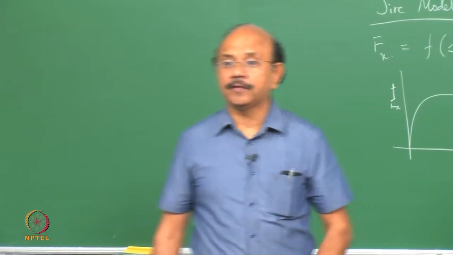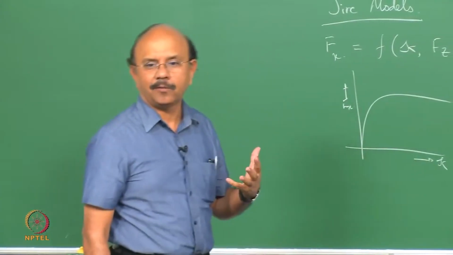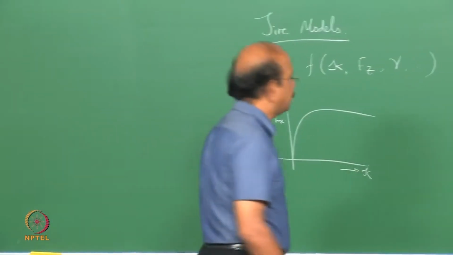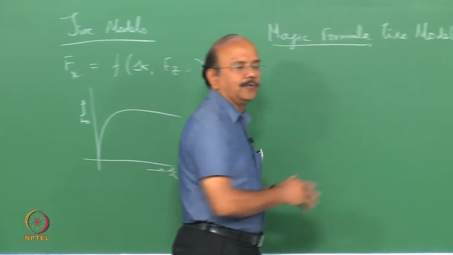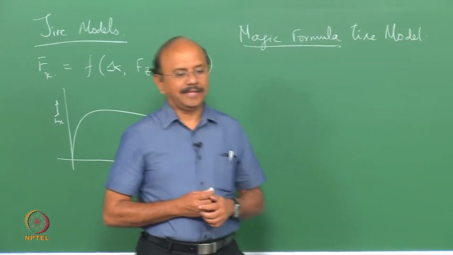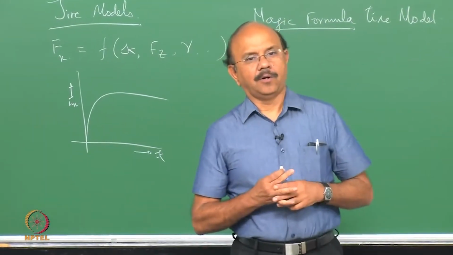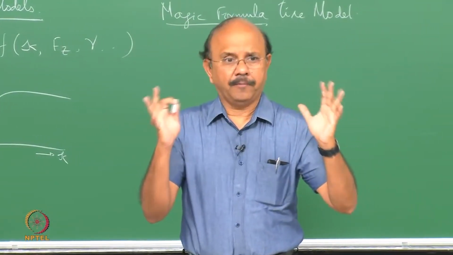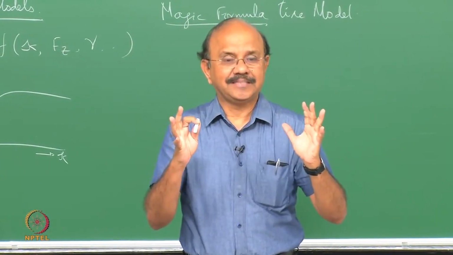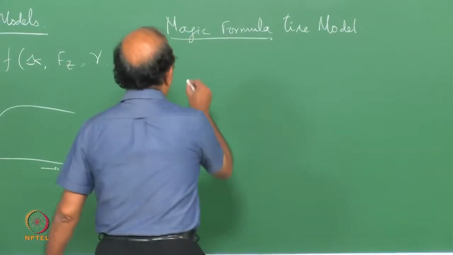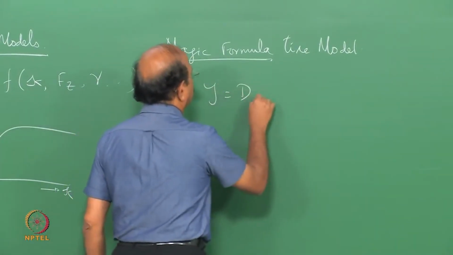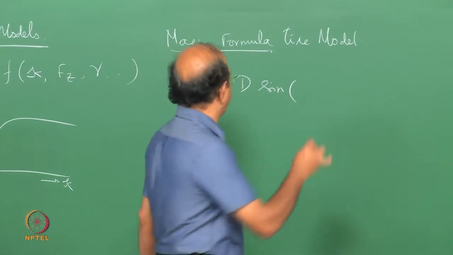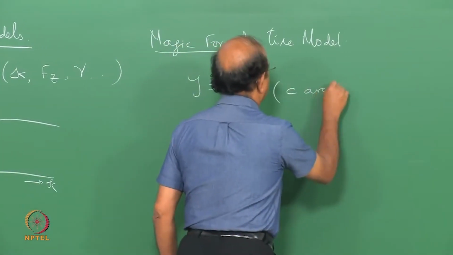But before we go further, what is this magic formula? Why is it called magic formula? The magic formula is because this formula, which I'm going to write down now, can be used for all the 3 curves. In other words, the form of the equation is the same, which I can write down as y is equal to D sine C arc tan.